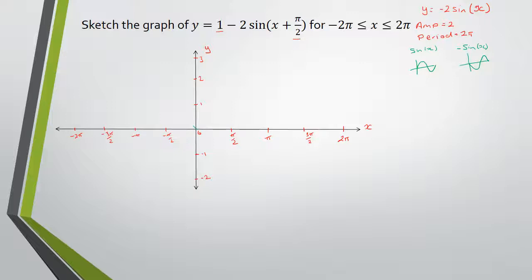We start at the origin, have a minimum, back to the x-axis, then a maximum point, back to the x-axis again. If I trace that going backwards, our next points continue up to a maximum, back down to the x-axis, to a minimum, and back to the x-axis again. That's what I'm going to be sketching in this case.